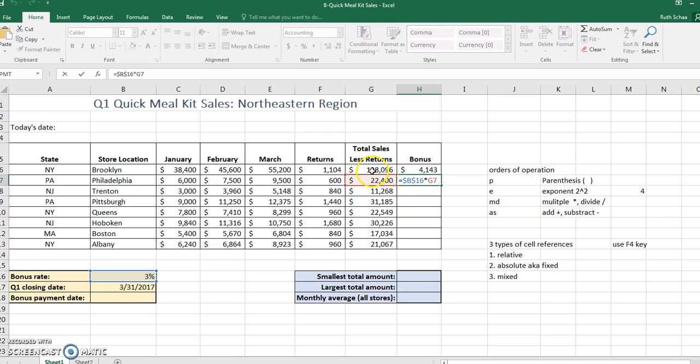But my G6 has now turned into a G7. In this formula, B16 is an absolute cell address. G6 is relative. It will change.